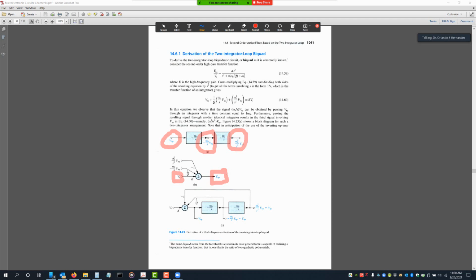So we know that we have to subtract this term, and we have to subtract this term multiplied by 1 over Q, and we can come up then with the actual circuit here with the loop.